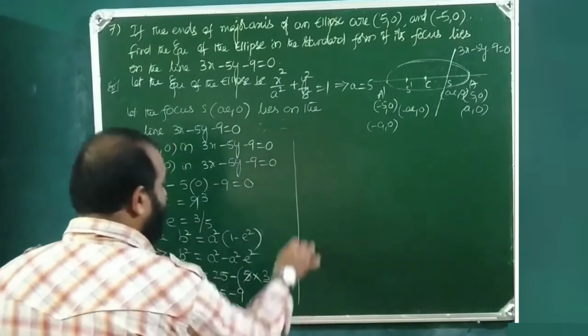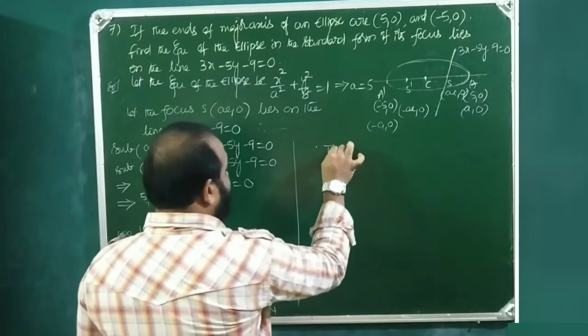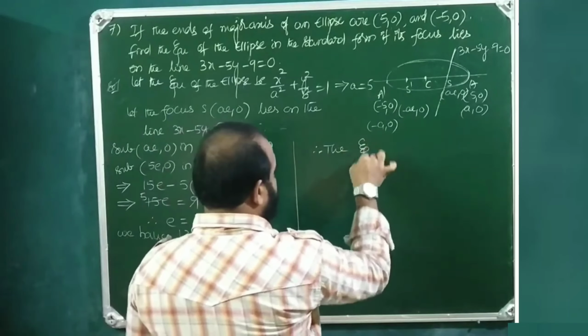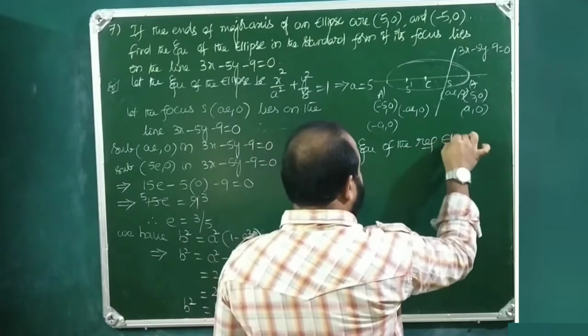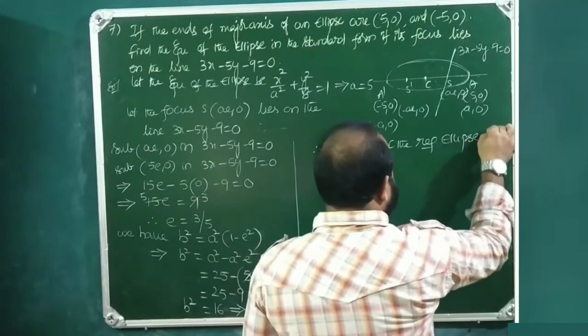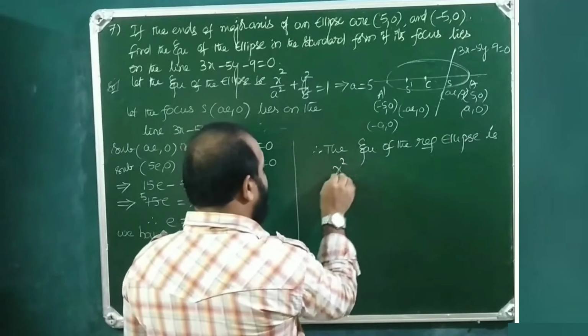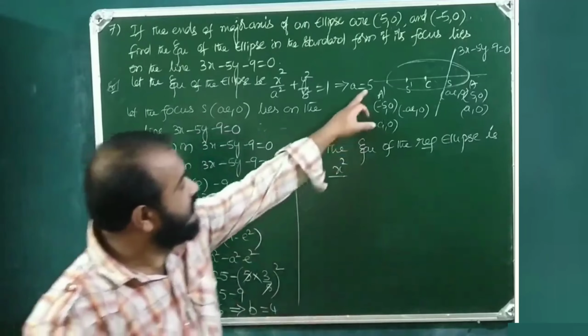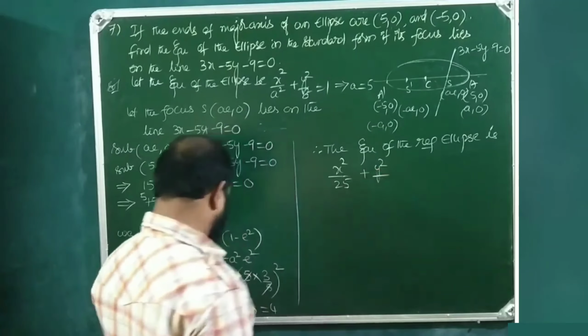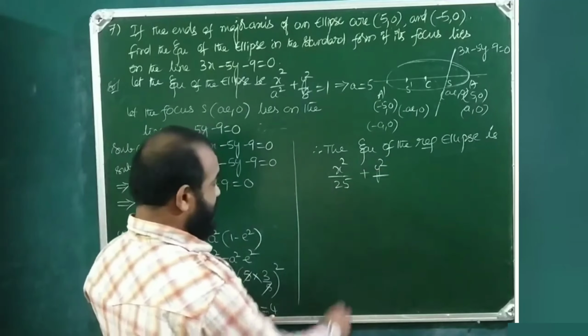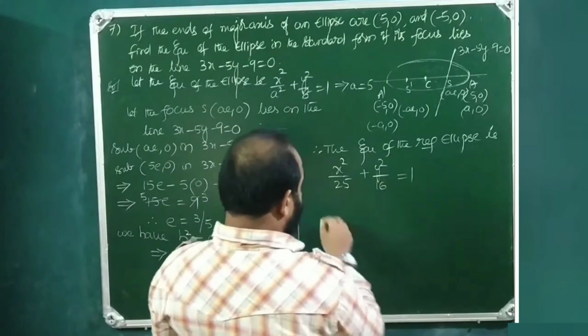Therefore the equation of the required ellipse is x square by the value of a square, 5 square, 25, plus y square by b square, 4 square, 16, equals 1.